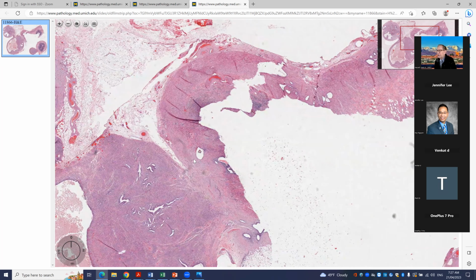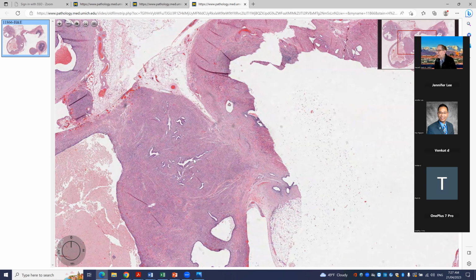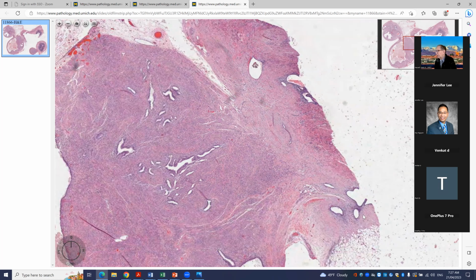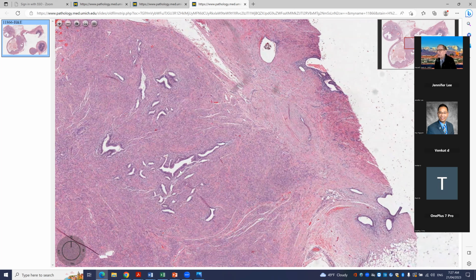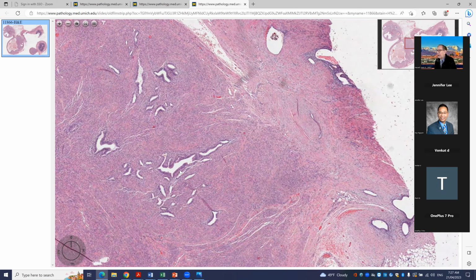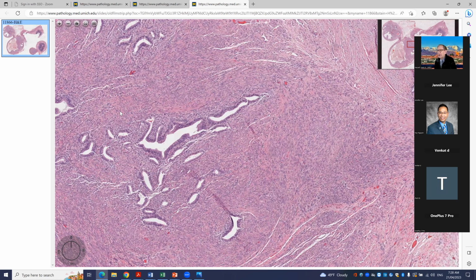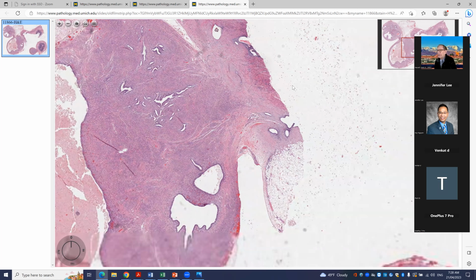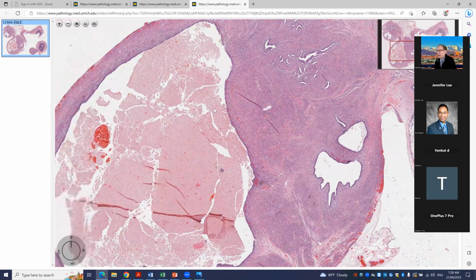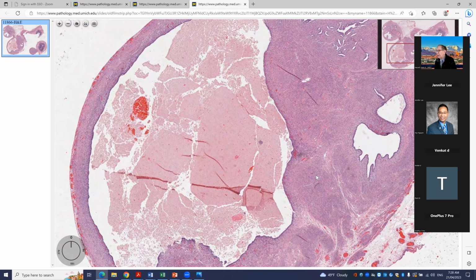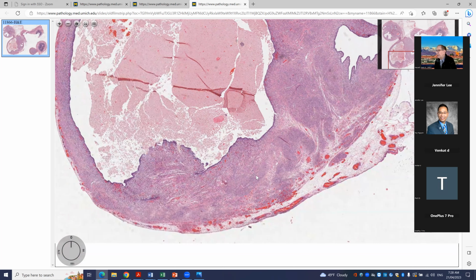So what's going on with the rest of this sample is that it looks as though we have a similar type of glandular tissue with varying amounts of stroma, some a little bit more over here, much less over here. And surrounding this, we have this very florid smooth muscle proliferation as well. This is forming a mass-like lesion with cystic changes. And the muscle here is not organized like a tubular structure.